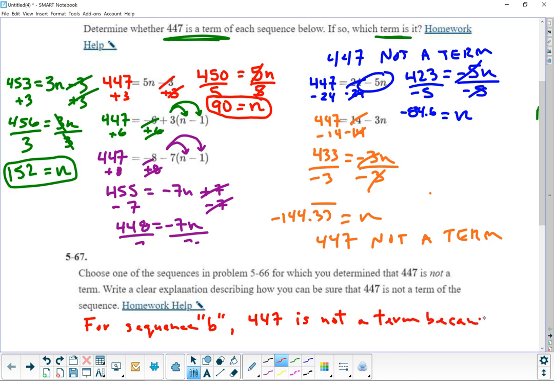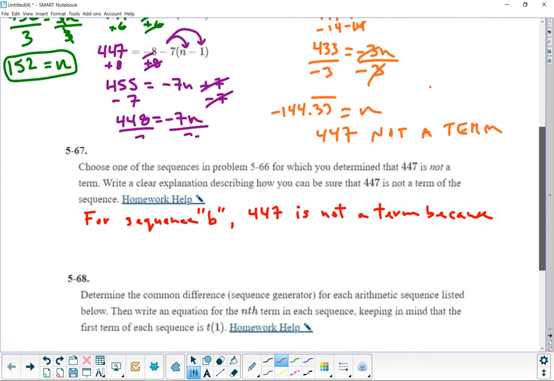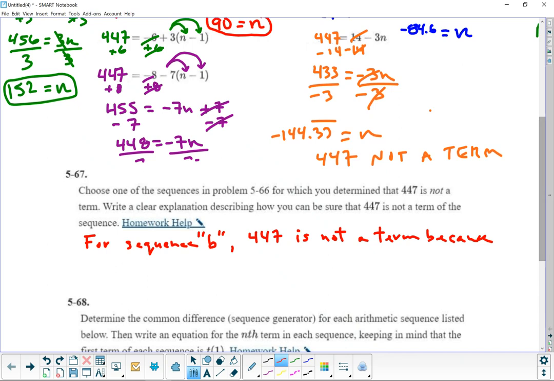because when I solve for n, I get negative 84.6.